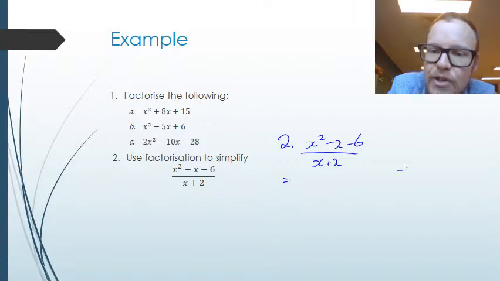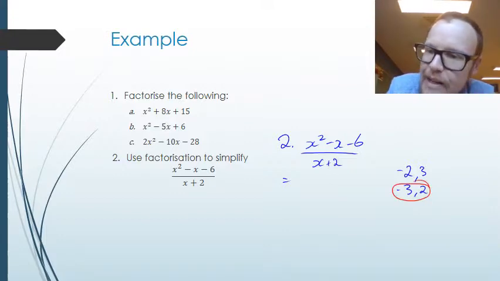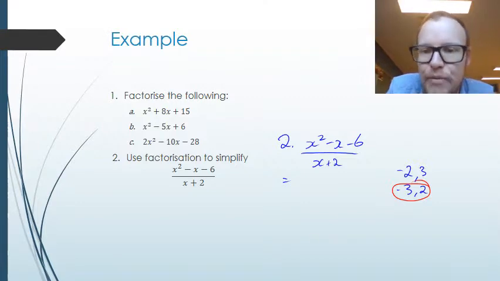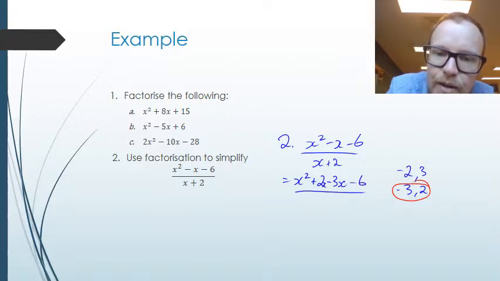Factors of negative 6: I've got negative 2 and 3, and negative 3 and 2. To get negative 1, I'm probably going to need negative 3 and 2, because negative 3 plus 2 adds to negative 1. And I get x squared plus 2x minus 3x minus 6 over x plus 2.